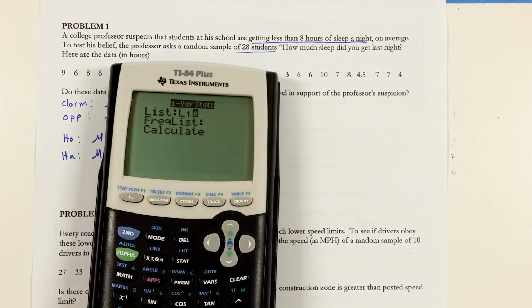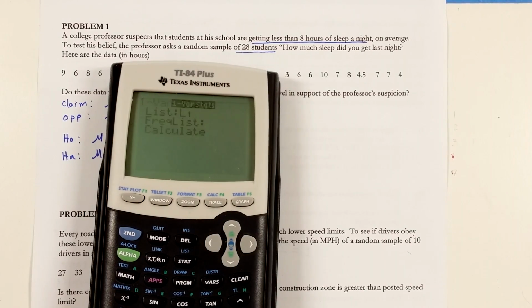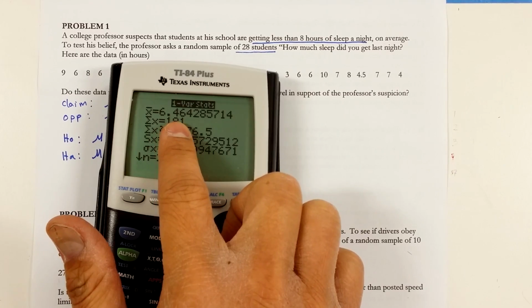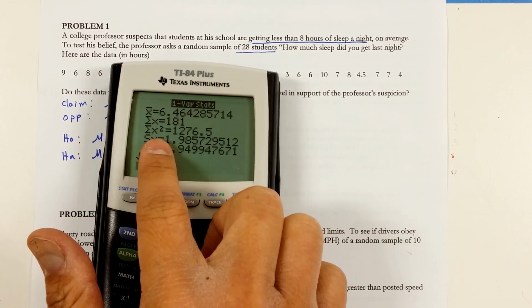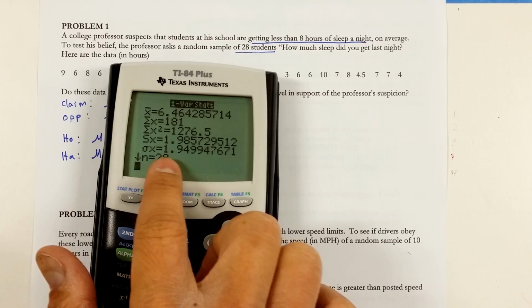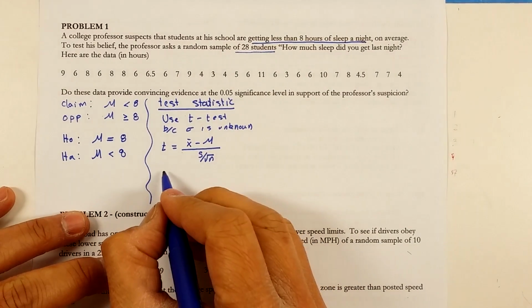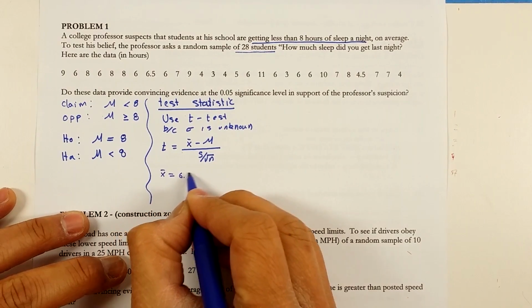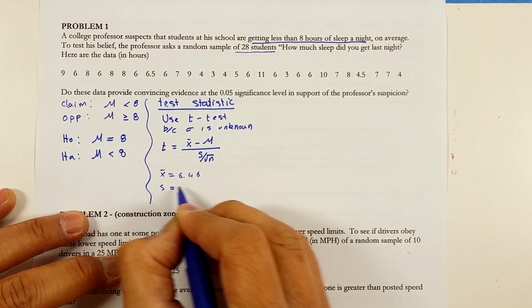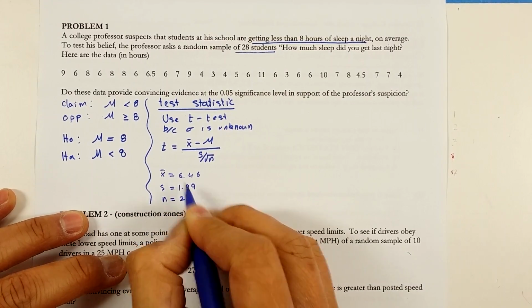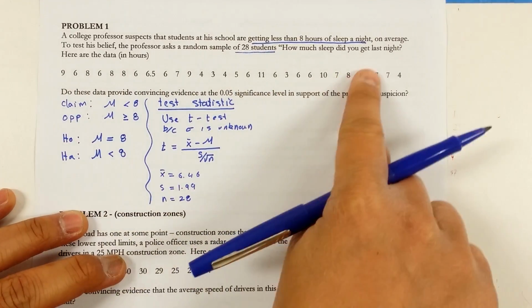Hit enter a few times, and then you have your x bar, which is about 6.46, and your standard deviation, which is 1.99. Your sample size is 28 people, because if you count the number of people in our sample, it is 28.